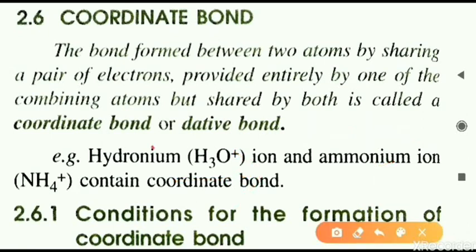Examples of coordinate bonds are found in the hydronium ion and ammonium ion. Let us quickly move on to the formation of the hydronium ion, and after that we will see the formation of the ammonium ion. After discussing these ions, we will come back and discuss the basic requirements. Let us now understand the formation of a coordinate bond.